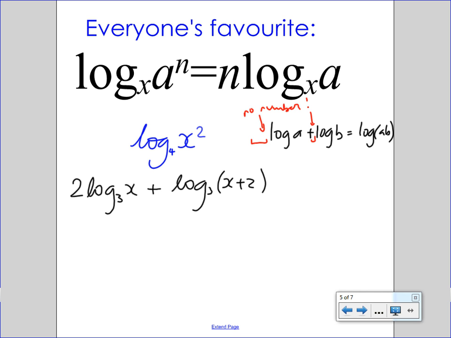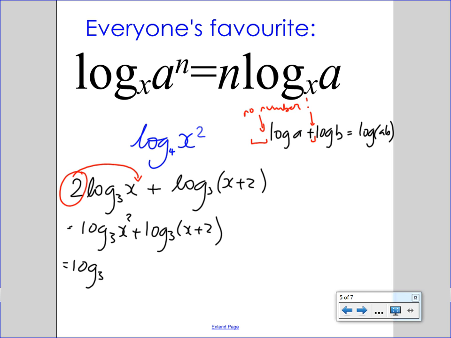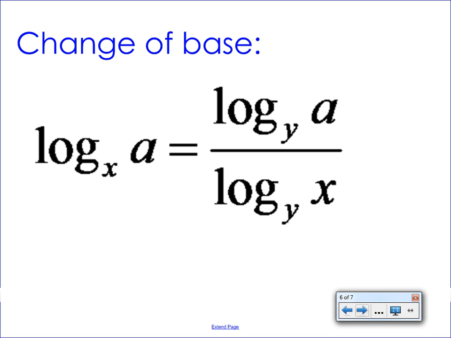So we've got a bit of an issue here with our 2, but hooray, we can move it up there. So I'll make it into this. Yep. And now my bases are both 3, and I can put it together and make log base 3 of x squared times x plus 2. So it's a really nice simple rule, this one. This can come down the front. Everybody likes that one.